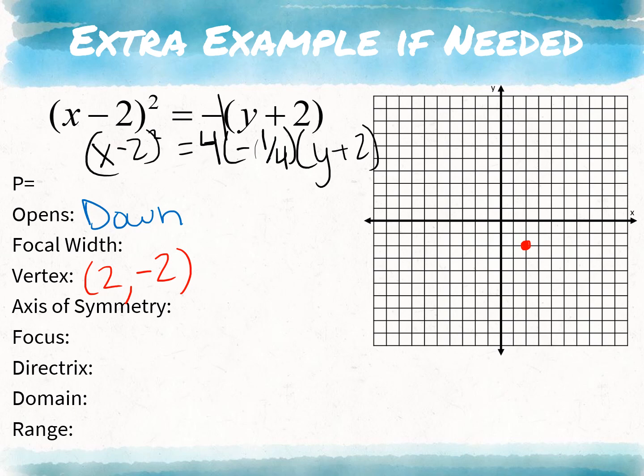You see how I got that? 4 times 1/4 is 1. Positive times negative is negative. So my p-value, believe it or not, is -1/4. So from the vertex, I'm going to go down a 4th. From the vertex, I'm going to go up a 4th. Which means my directrix is going to be y equals, well, let's see, what's -2 plus a 4th, -1 3/4?